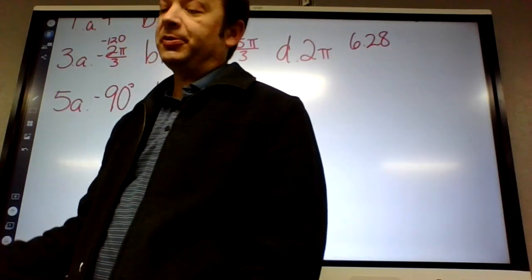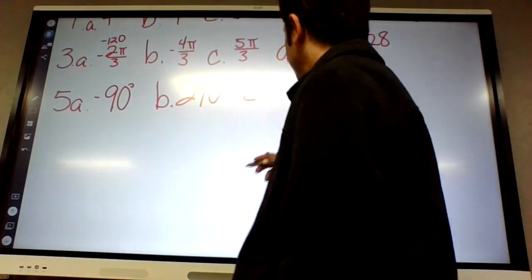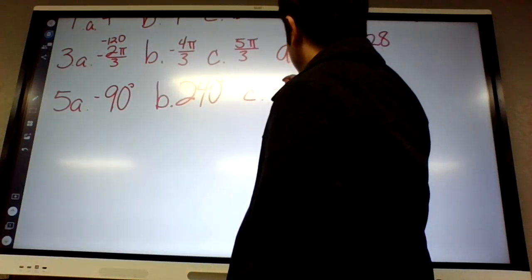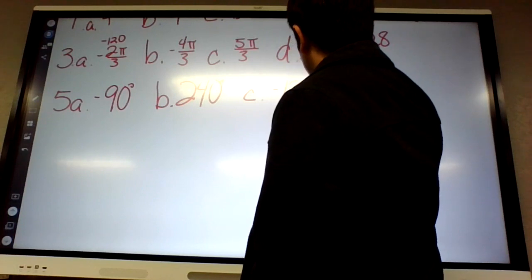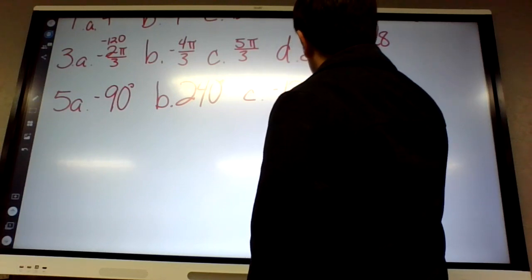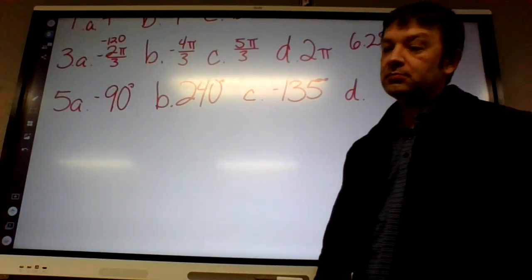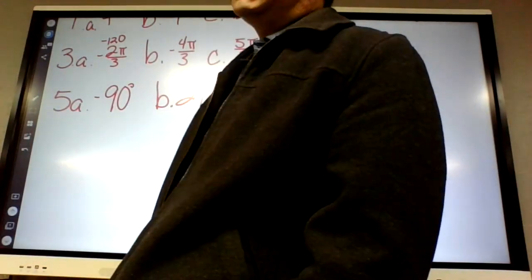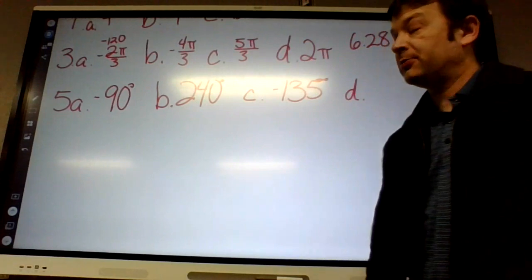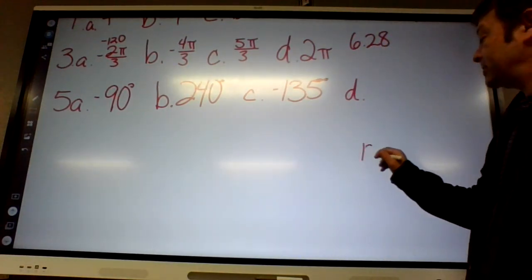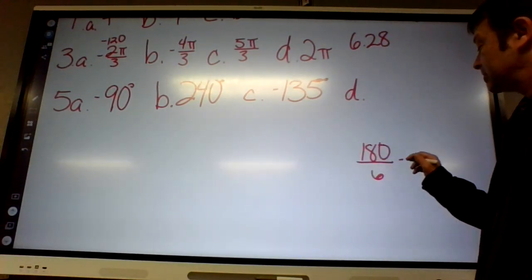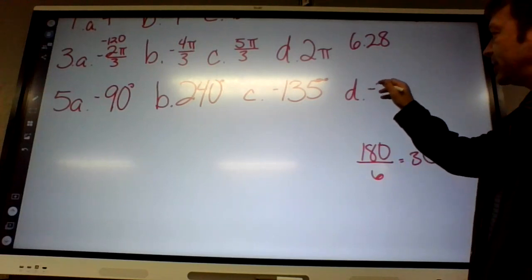I don't know if you guys remember, 3/4 was 135. So, negative 135. Pi over 6 was 30. It'd be like 180 divided by 6. So this is going to be negative 30 degrees.